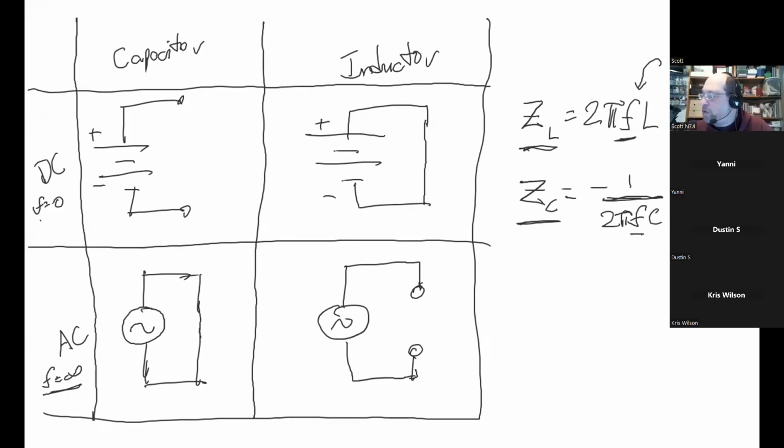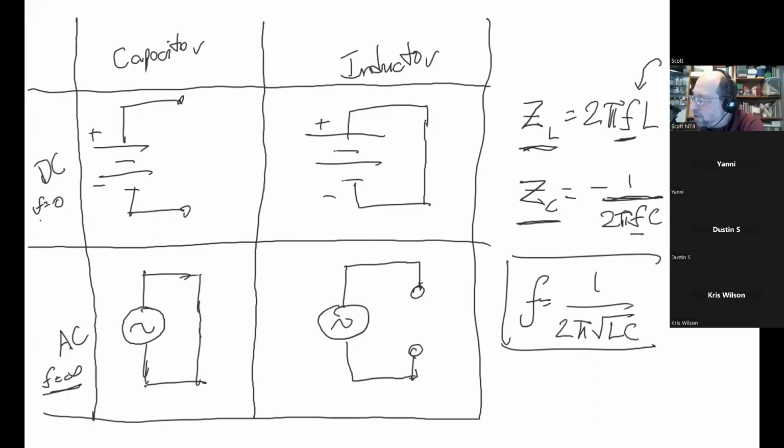You set them equal to each other and solve for frequency, and frequency is equal to 1/2 pi square root of LC. And what is L in your equation? L is the inductor and C is the capacitor. Gotcha. This is known as resonance. That's known as resonance, and it is the point at which they completely cancel each other out.